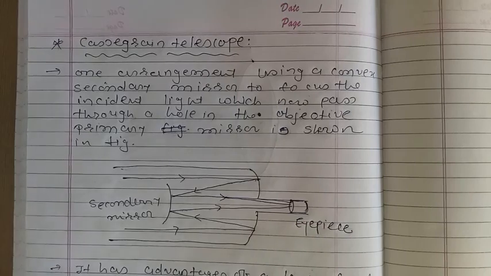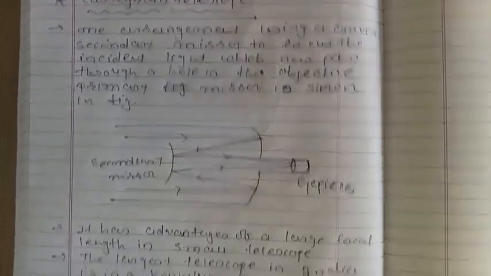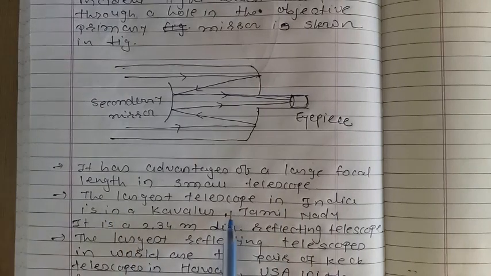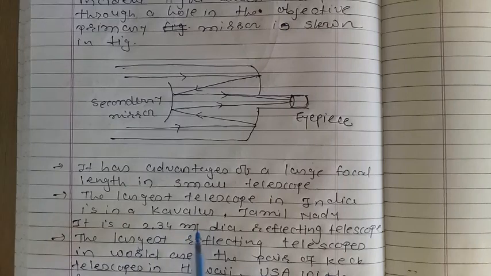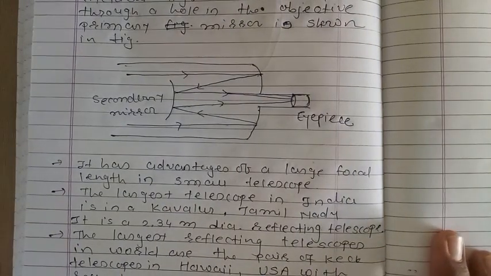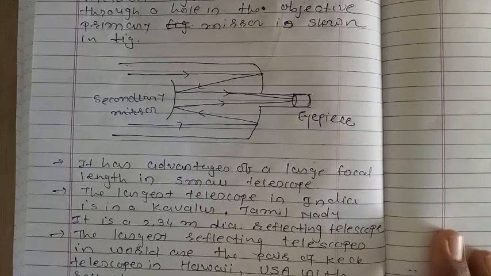So it has an advantage of a large focal length in a small telescope. The largest telescope in India is in Kavalur, Tamil Nadu. It has a 2.34 meter diameter reflecting telescope.